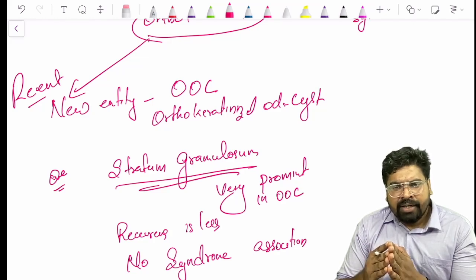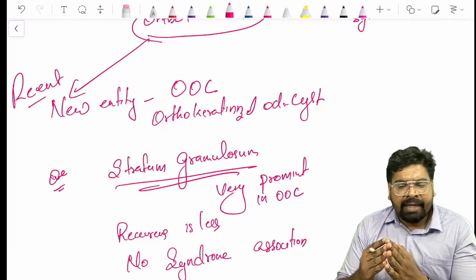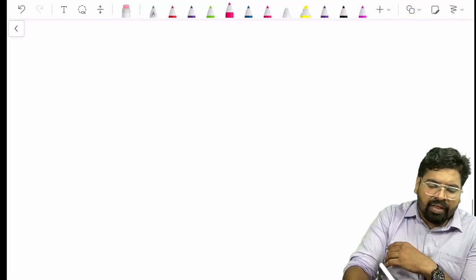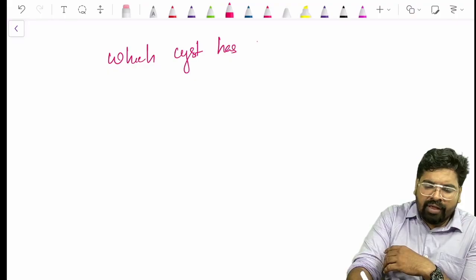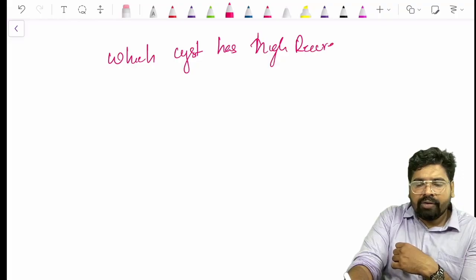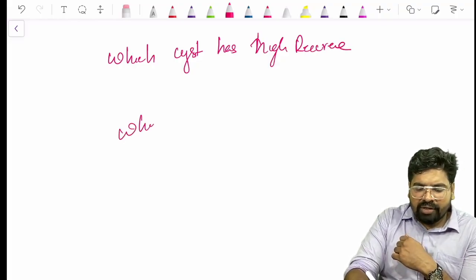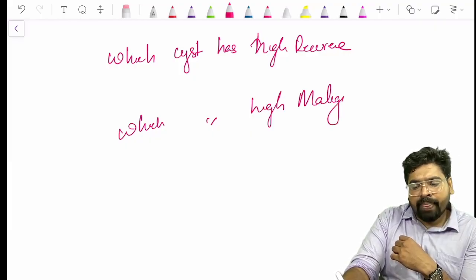Now there is one thing about recurrence and malignant potential. See which cyst has high recurrence, and there is one question, which cyst has high malignant potential.